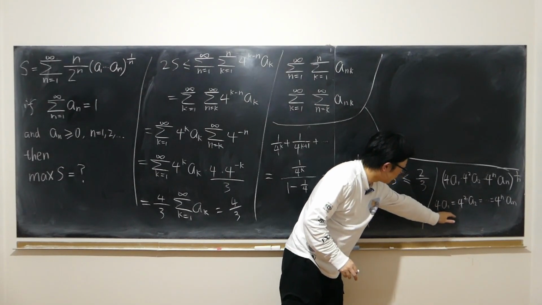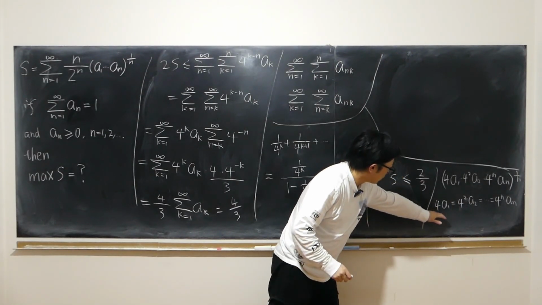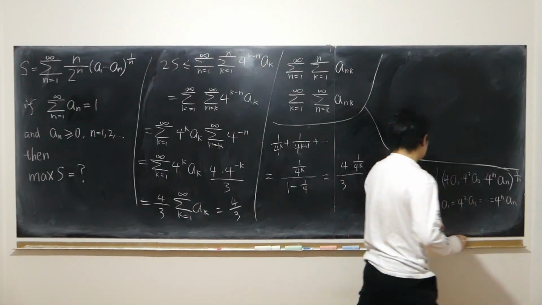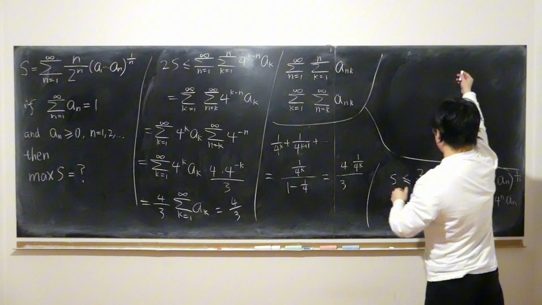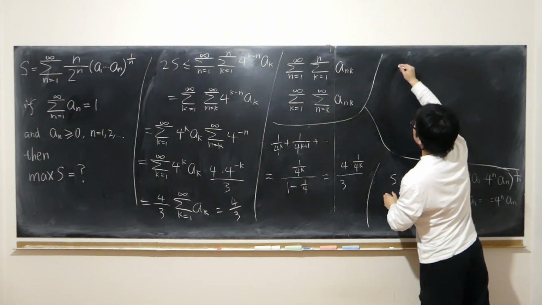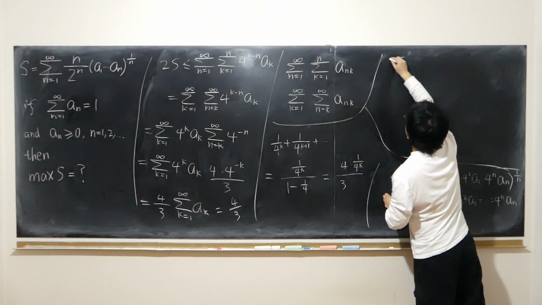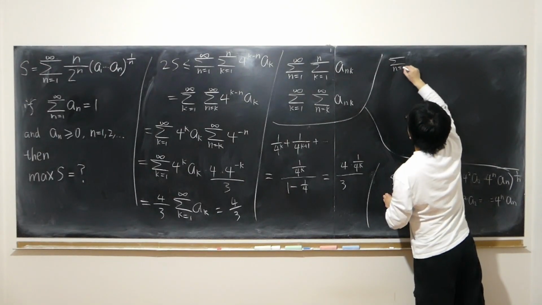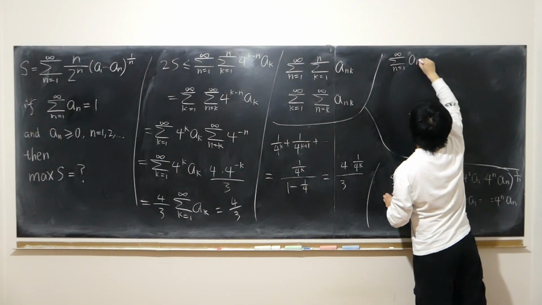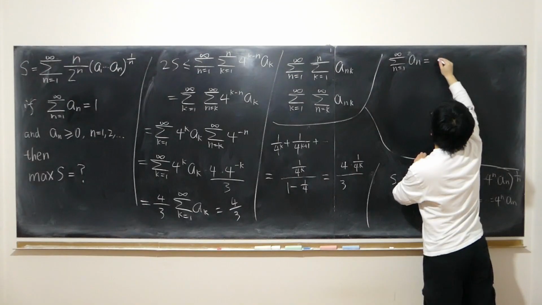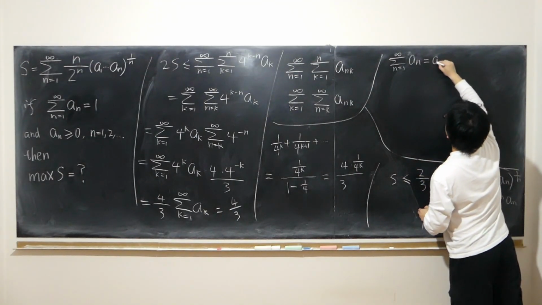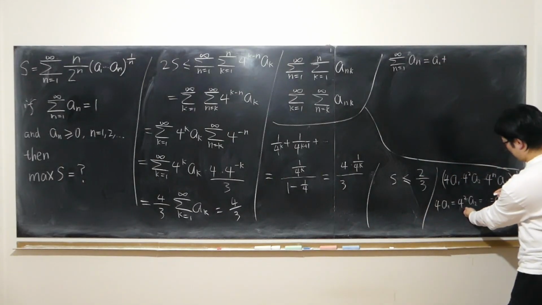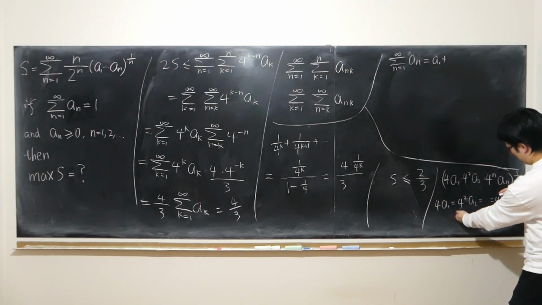So if we just replace every term with terms in terms of a1 and sum them up, the infinite sum equals 1, right? That's a given condition, which means this infinite sum can be written as a1. I write down a1. a2 can be written as what? a1 over 4.